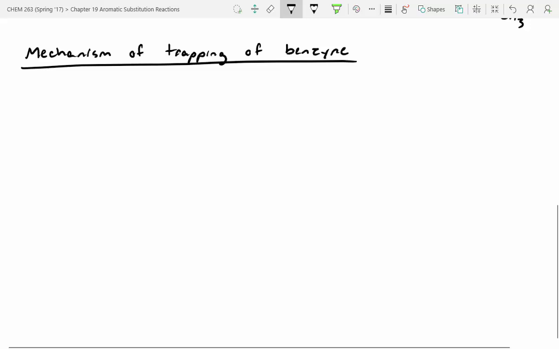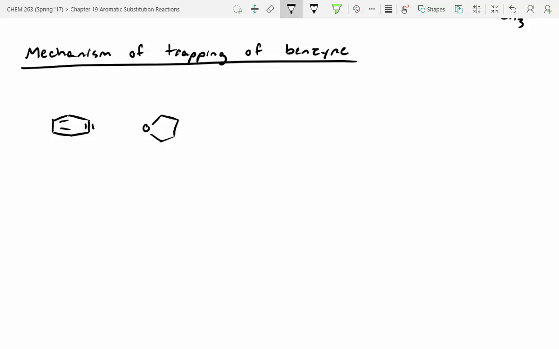So in order to prove that this went through a benzyne intermediate, you can create benzyne, which only exists for a fleeting amount of time, and then you can react it with some sort of dienophile. So we'll react it with furan, which is actually aromatic itself.